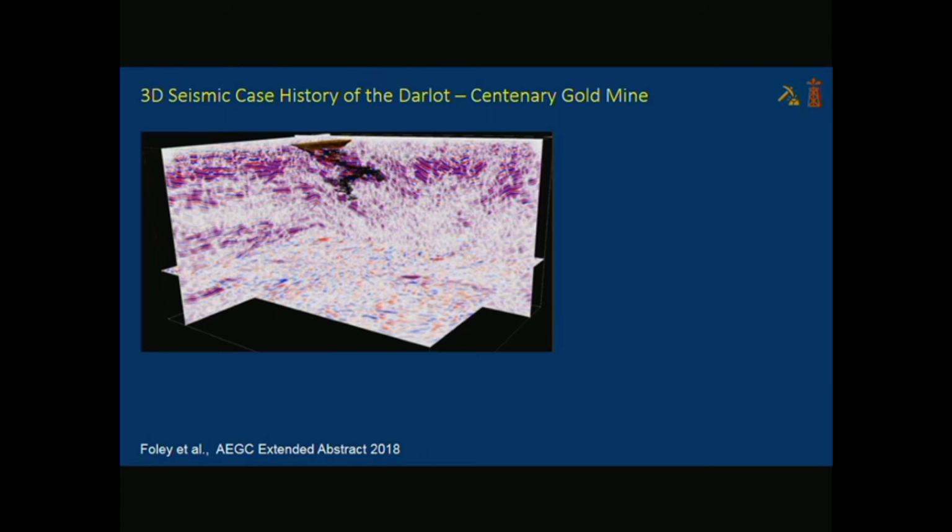Of course, one thing that's happening more and more in the mine space is that they're taking up the technology of oil and gas, not just in terms of logging, but in terms of 3D seismic. So this is the 3D seismic of the Darlot-Centenary gold mine. It was from the AGC conference this year.